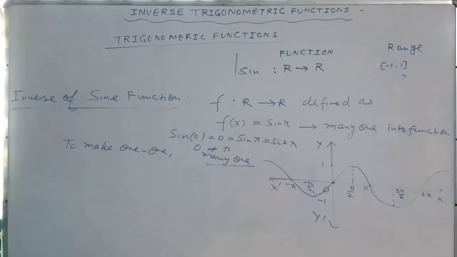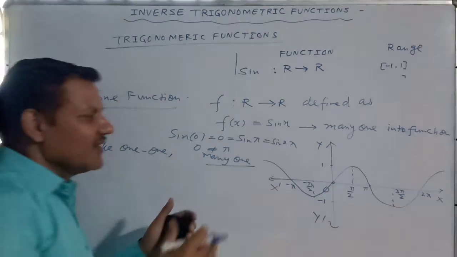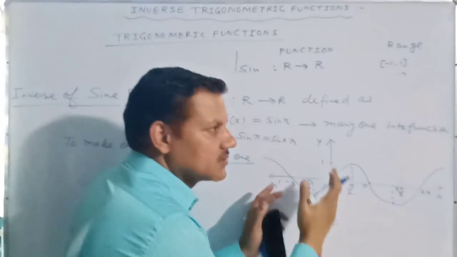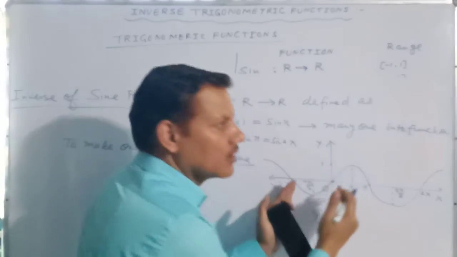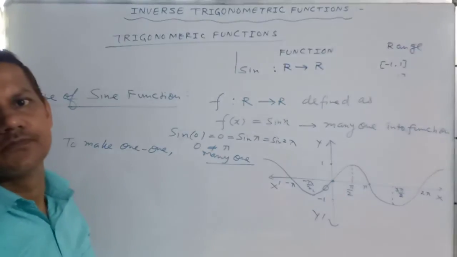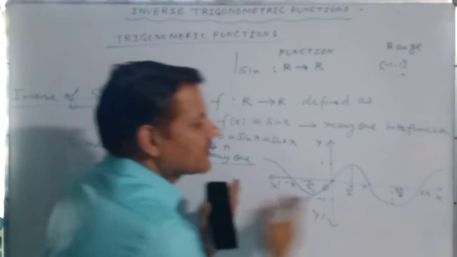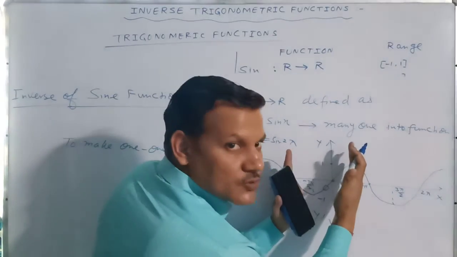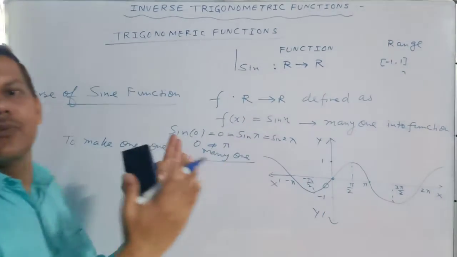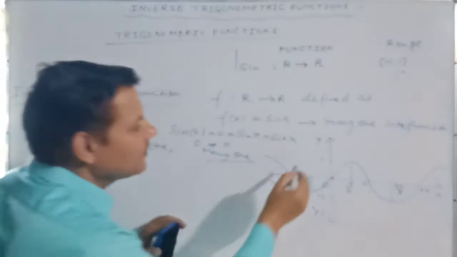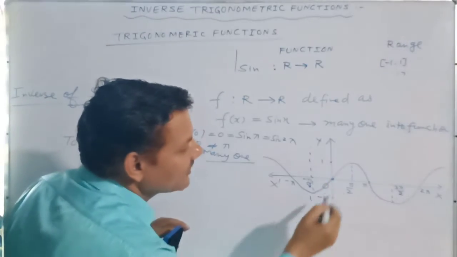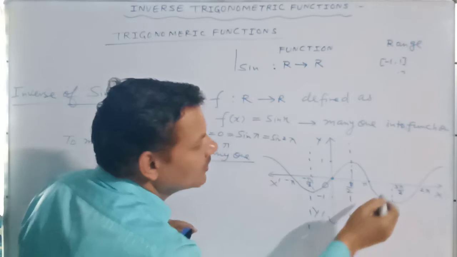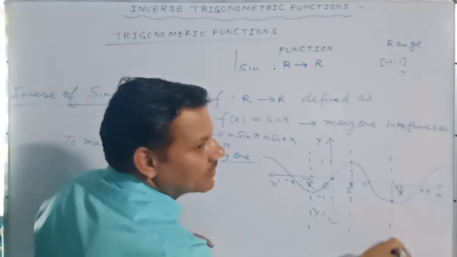Now, when we restrict its domain such that there is no turn in the graph of the function, it means we wish to get its partition. So when we divide it from minus pi by 2 to pi by 2, there is a restricted graph.